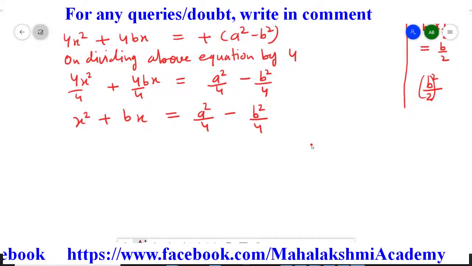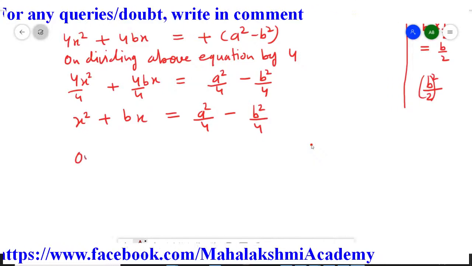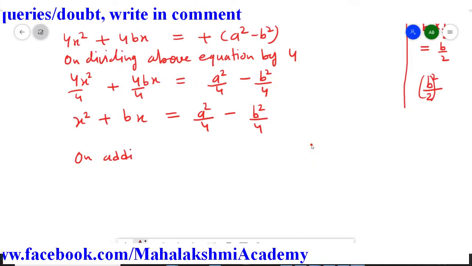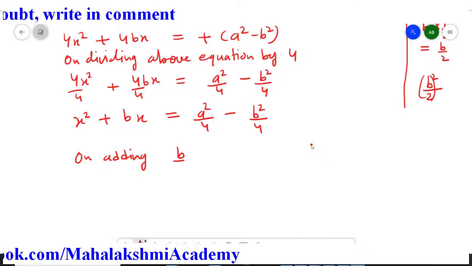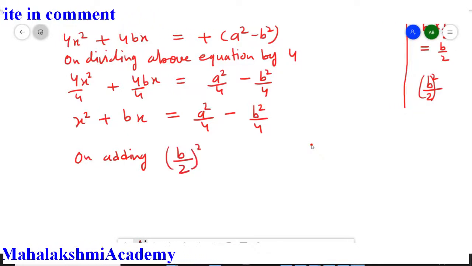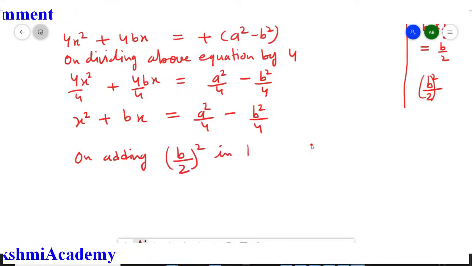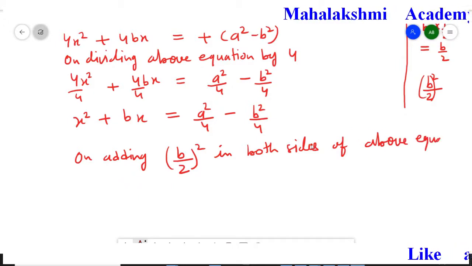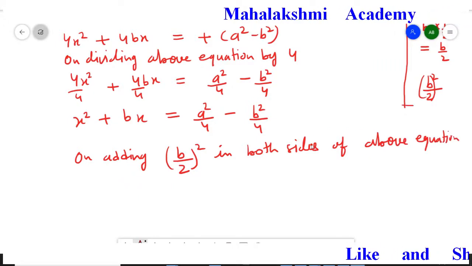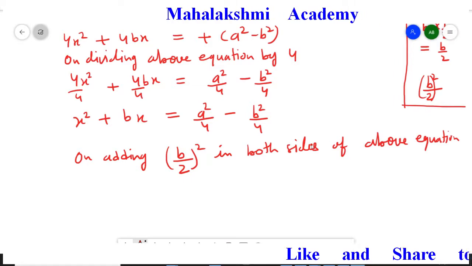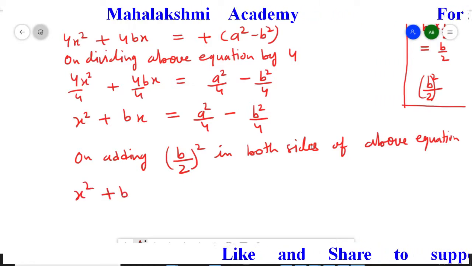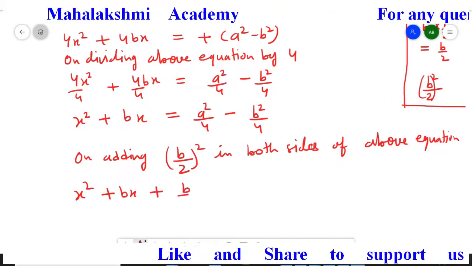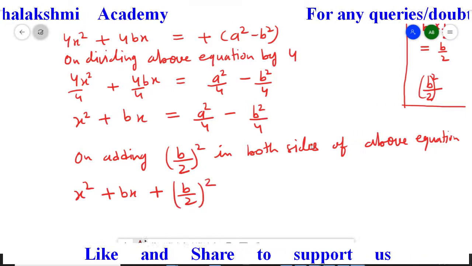So we write: on adding b upon 2 whole square on both sides of the above equation. When we do this, we first write down the equation as it is, and we add b upon 2 whole square.